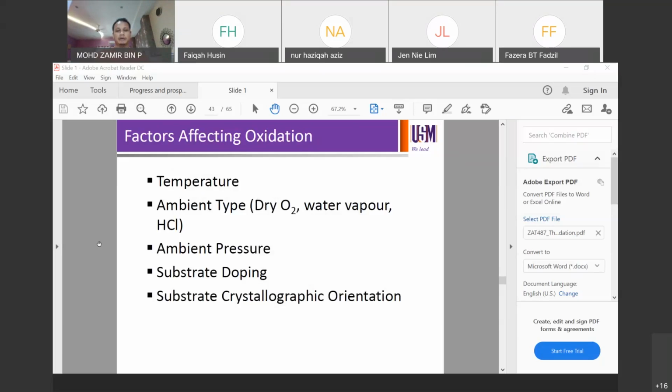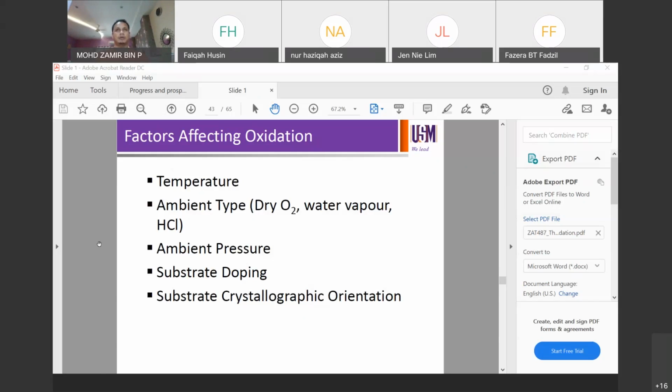Either you're running with dry oxygen as your oxidant or water vapor as your wet ox process, or you also include HCl in the process. The third one is ambient pressure of the process. The higher pressure will lead to a certain mechanism that will drive the oxidation rate to be different than the lower pressure.